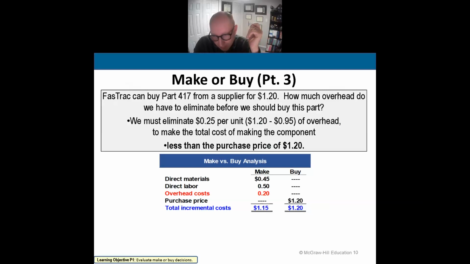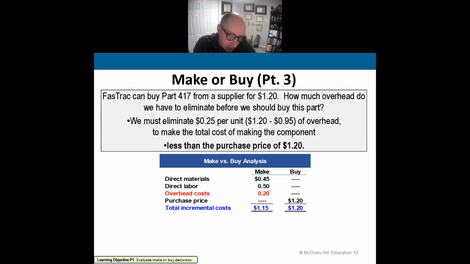Not so fast. It sounds like a logical choice, but it's not, and here's why. In the decision process of making or buying, if we buy the part, we would eliminate part of our overhead cost.